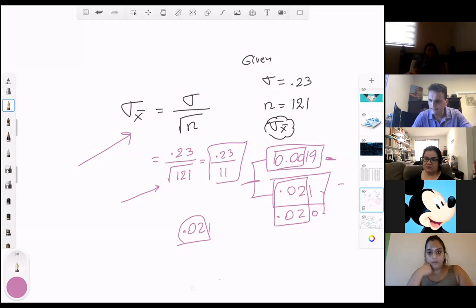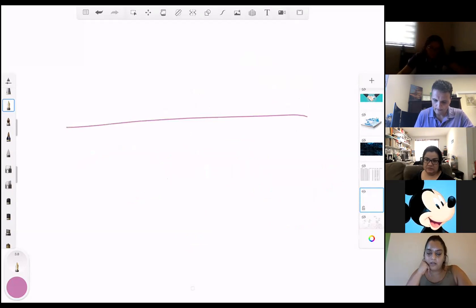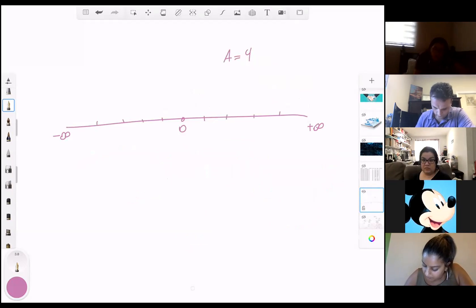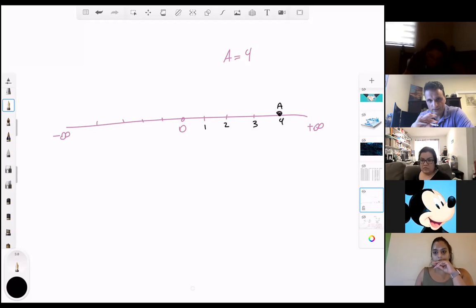And let's talk about the interval notation that we talked about on Monday. On the number line, it says 0, positive infinity, negative infinity. If I ask you point A equal to 4, the equal sign, you just go look for 4, it would be 1, 2, 3, 4. For example, point A is over there. But when we are dealing with inequality, that means you need to shade some part of the number line.